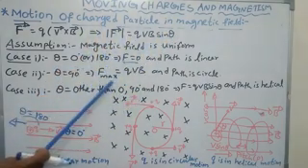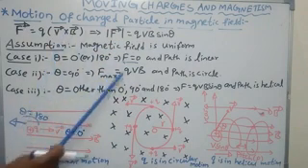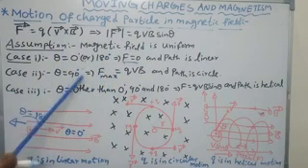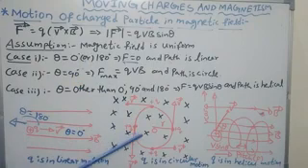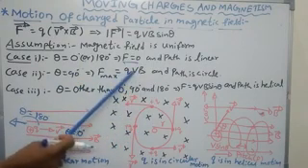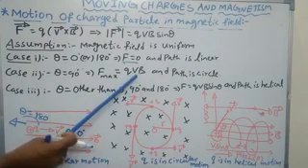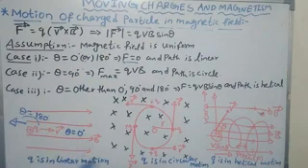Then there is a maximum force experienced by the charged particle, that is QVB. So the maximum force is experienced by the charged particle in a uniform magnetic field when it is moving perpendicular to the magnetic field. Here Q is the charge of the particle, V is the magnitude of the velocity of the charged particle, and B is the magnitude of the magnetic field induction.